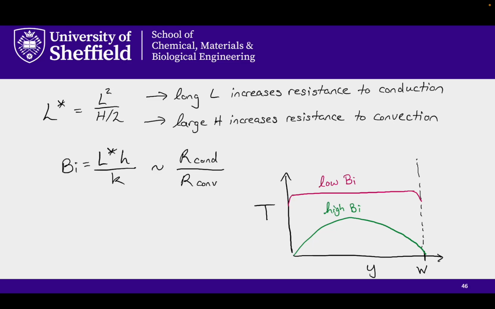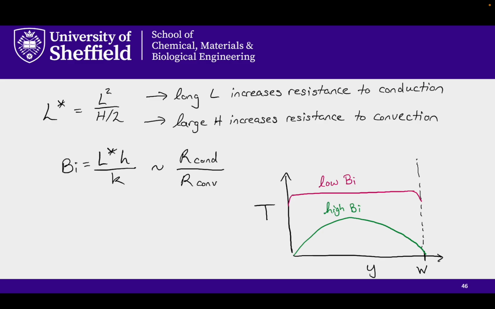And that's the scenario that we modeled with our problem, because going back to our shell balance, we decided that there were only temperature variations in the x direction, not in the y direction. If you had the situation where the Biot number was very high, you actually would get a temperature drop across the width of the fin because both convection and conduction would be sort of rate limiting in the problem.